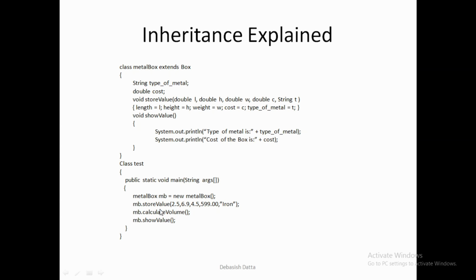As you can see, whenever we are using this store value function, we are passing these values. This is length, height and width. This is the cost of this box, and this is the type of the metal. These two values, this cost and the type of metal, were not there in the box class.